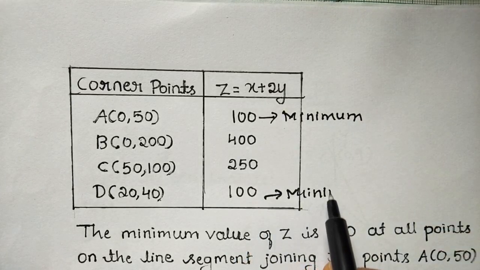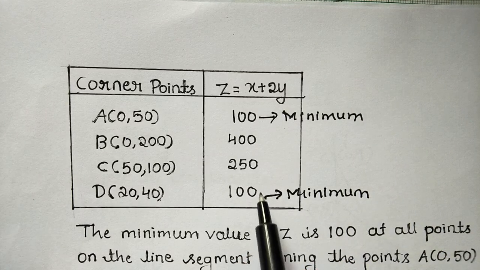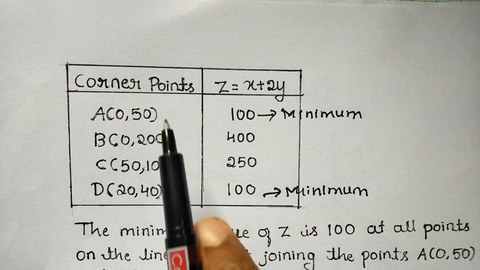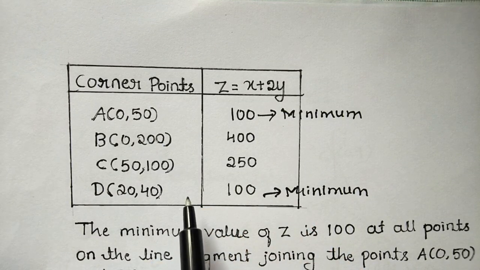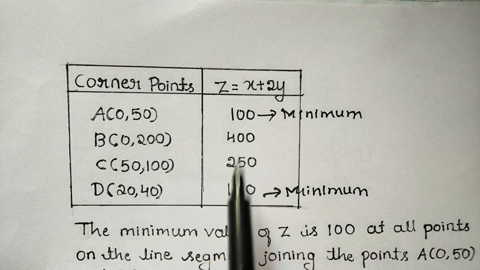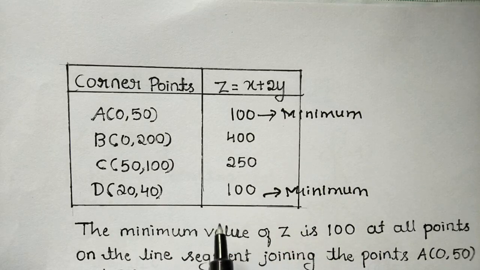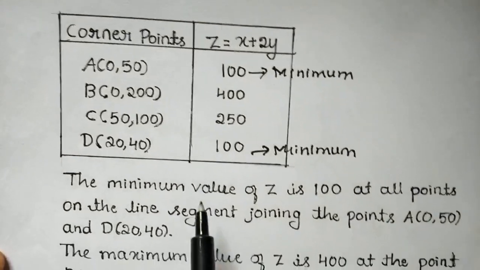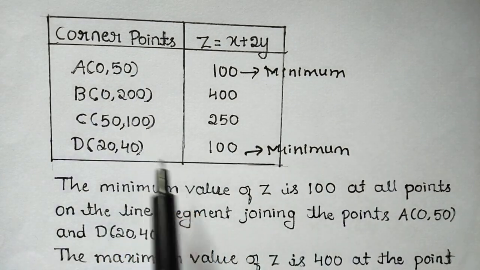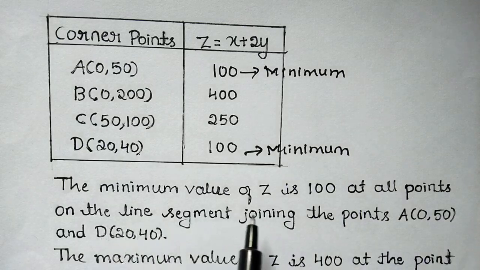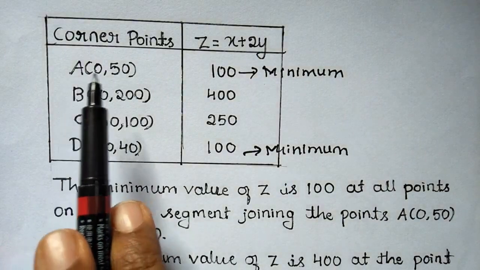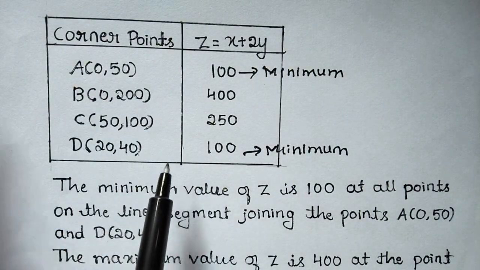And remember that we have discussed in the previous example, whenever the minimum or maximum value is attained at two different corner points, then every point on the line joining those 2 points will give us the same maximum or minimum value. So we conclude that the minimum value of z is 100 at not only these 2 points, at all points on the line segment joining the points A and D, A of 0, 50 and D of 20, 40.